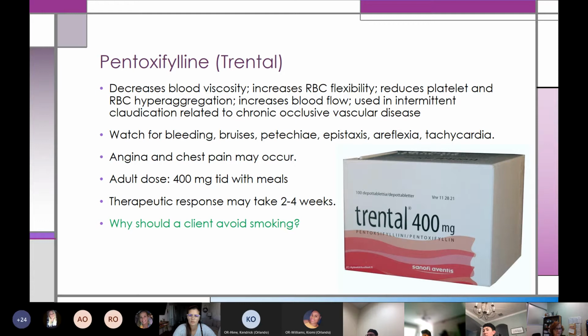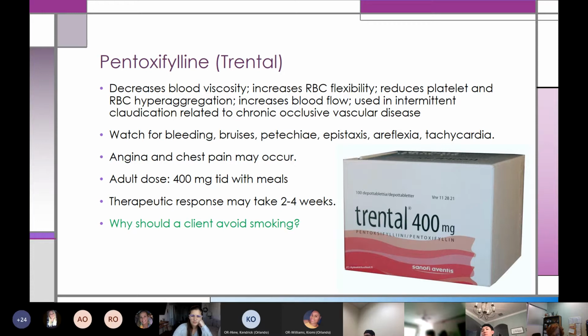So basically, we give Trental or pentoxifylline to cause things to flow much better in the body. And so that's why we use that. It is generally used for intermittent claudication, for vascular diseases, right?